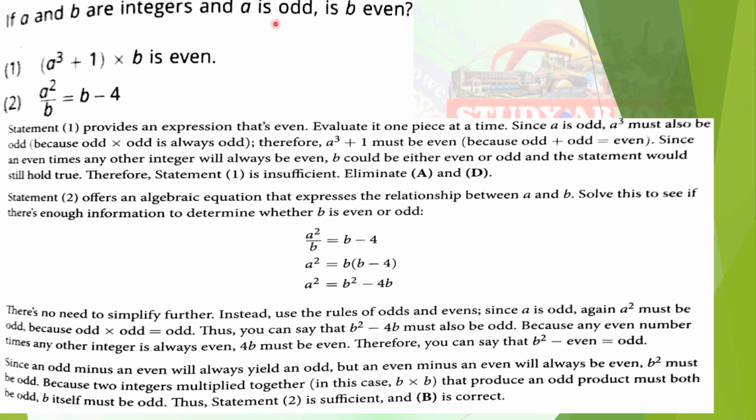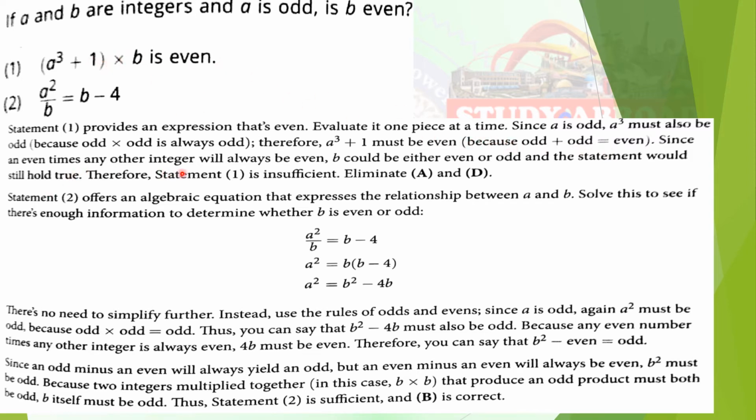Plus 1 converts it into even. Next, multiplied by B. Even into even is always even, and even into odd is also always even. So the product is even either way.